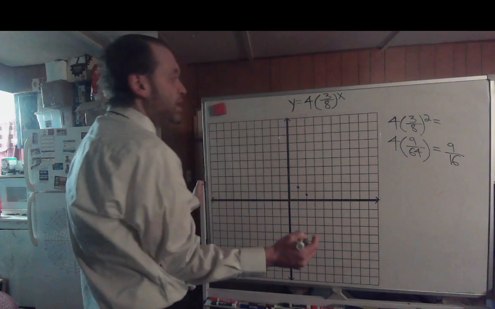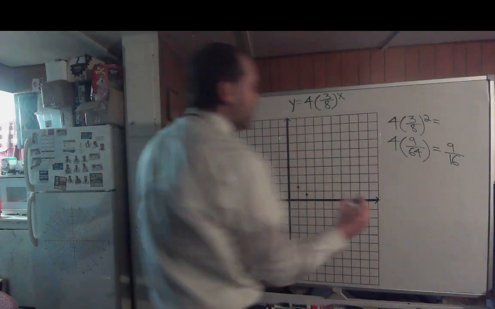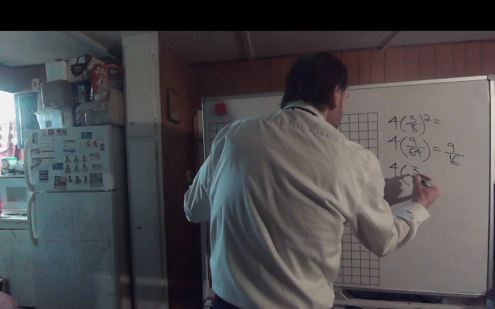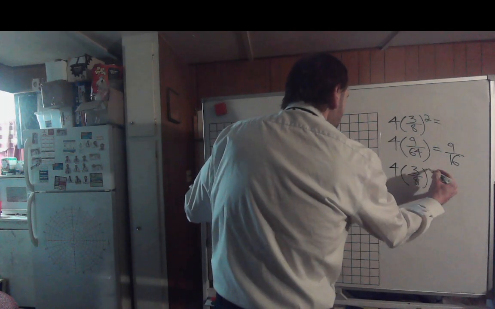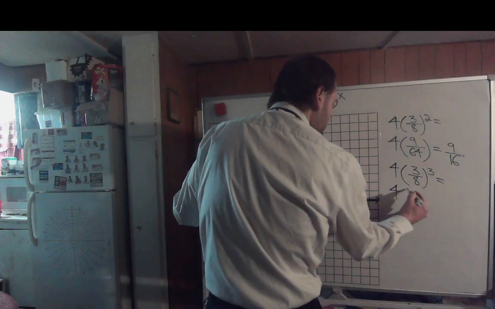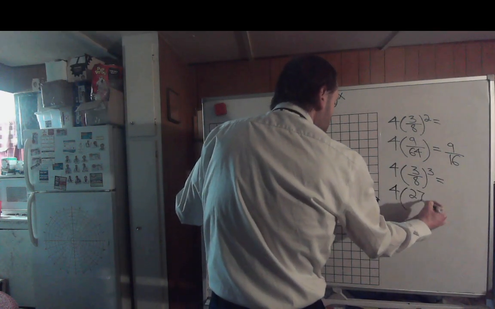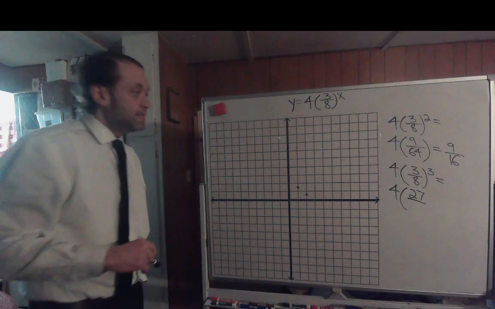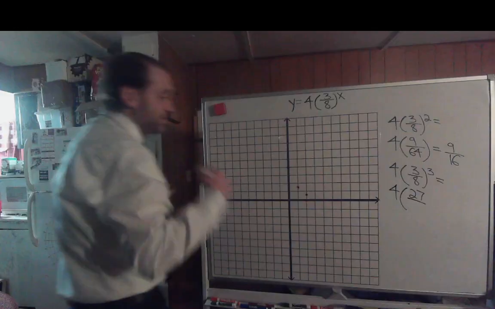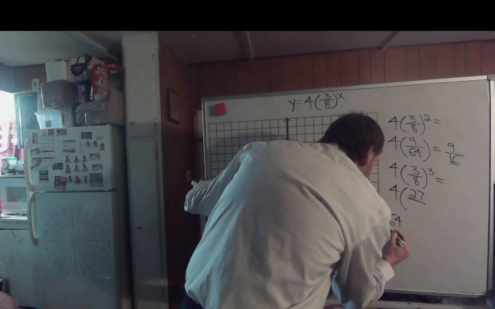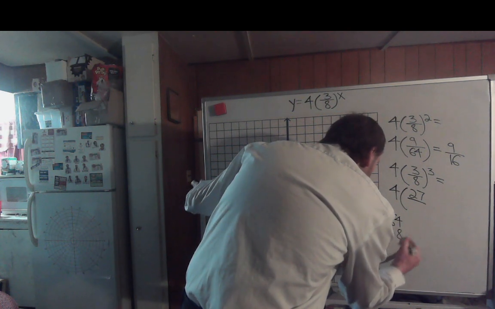Now what about, for one more here, let's do 4 times 3/8 to the third power. Well, what is 3/8 to the third power? So this will be 4 times 27 over, oh gosh, what is 8 to the third power? That's 64 times 8. I don't have my calculator on me because my phone's charging. So what is 64 times 8?